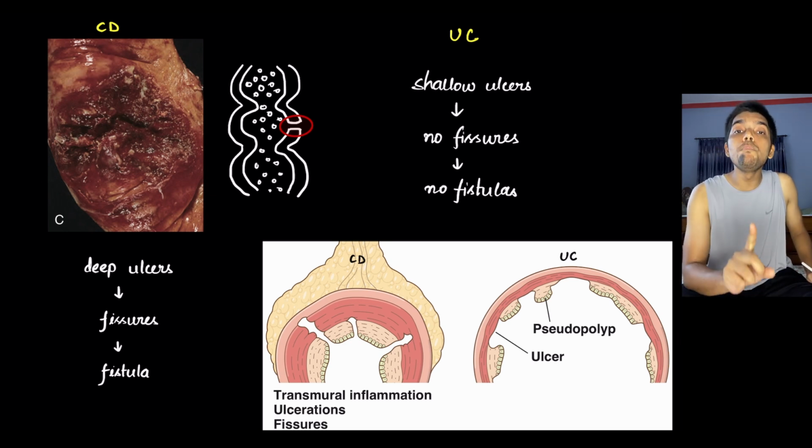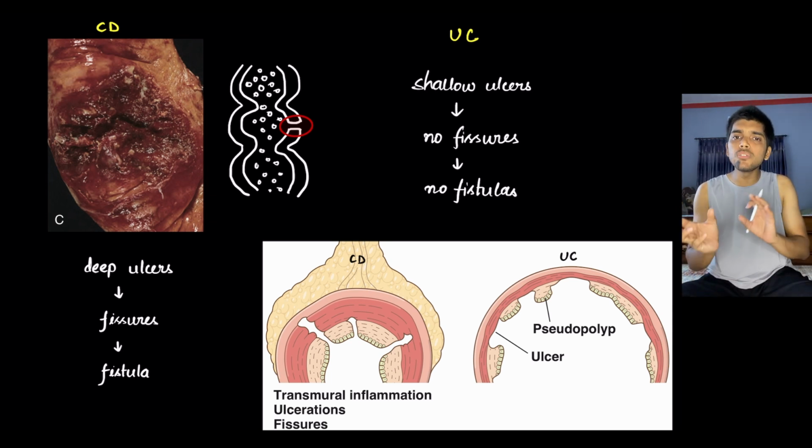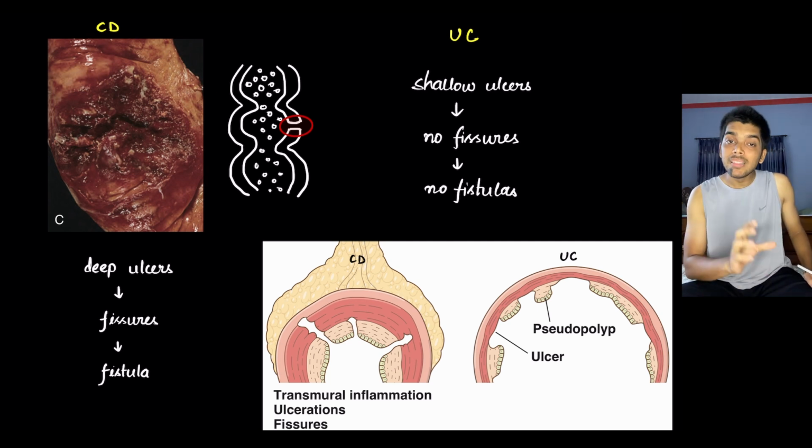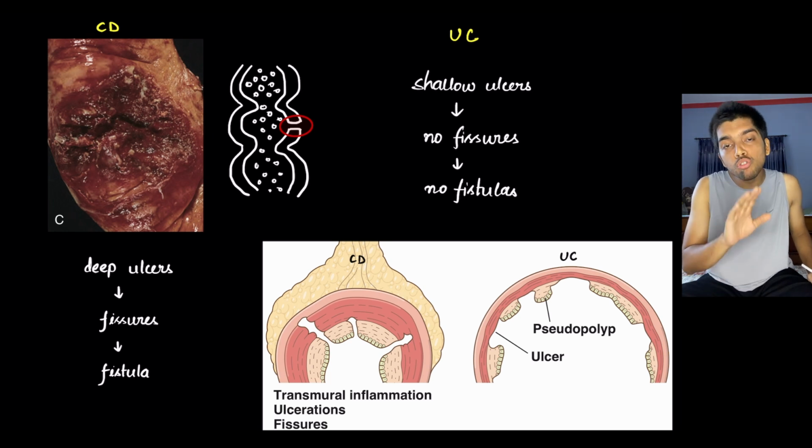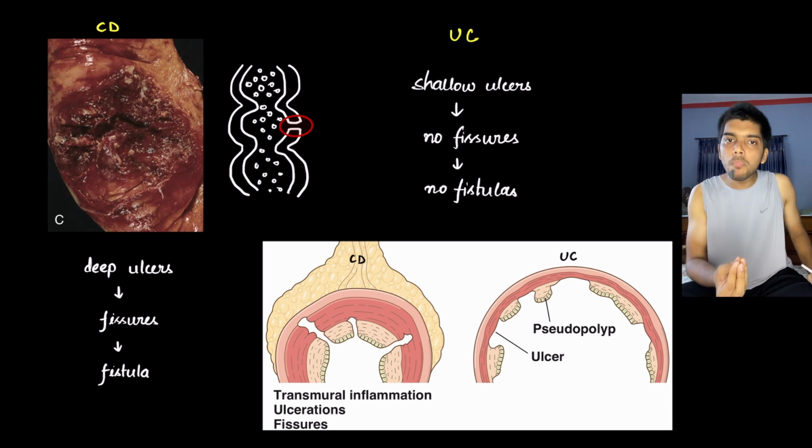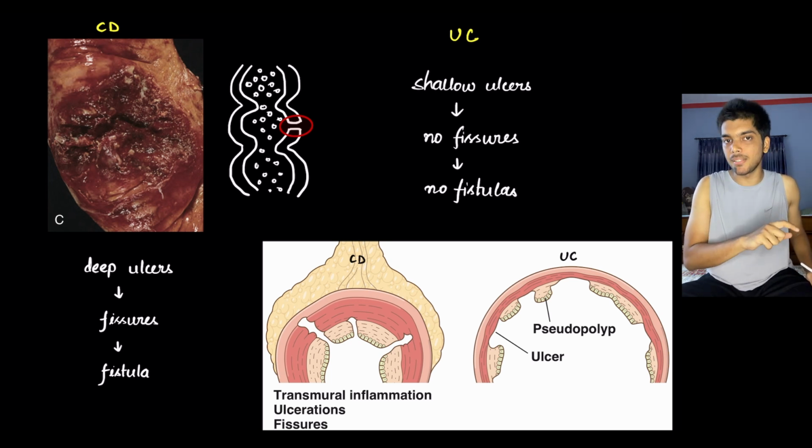There are superficial ulcers. That means it does not involve the muscular layer. In between these superficial ulcers, there are regenerating mucosa that look like polyps but are not actually polyps, so-called pseudopolyps. These pseudopolyps grow and communicate with one another with the help of bridges.